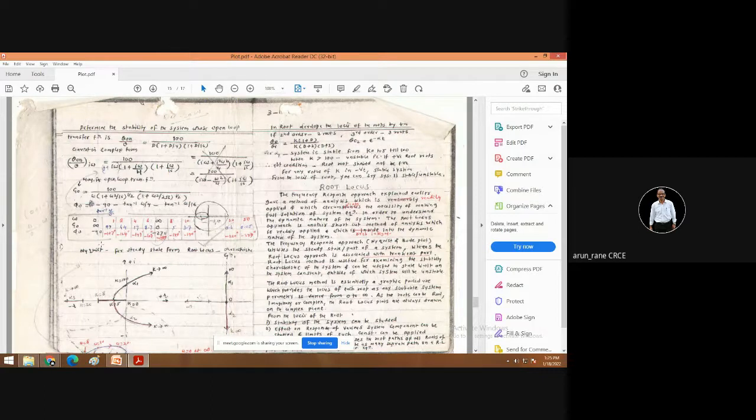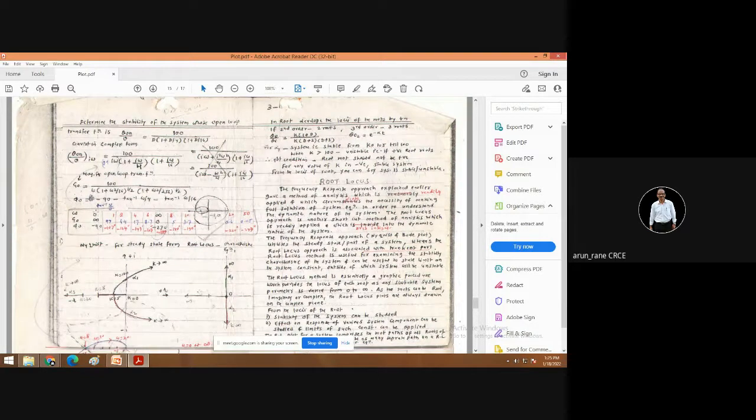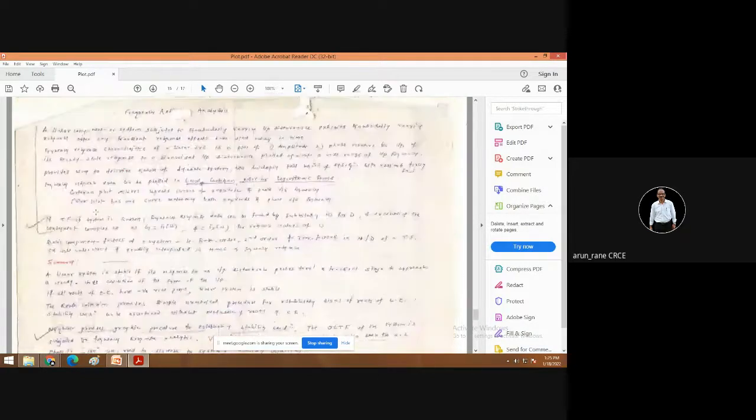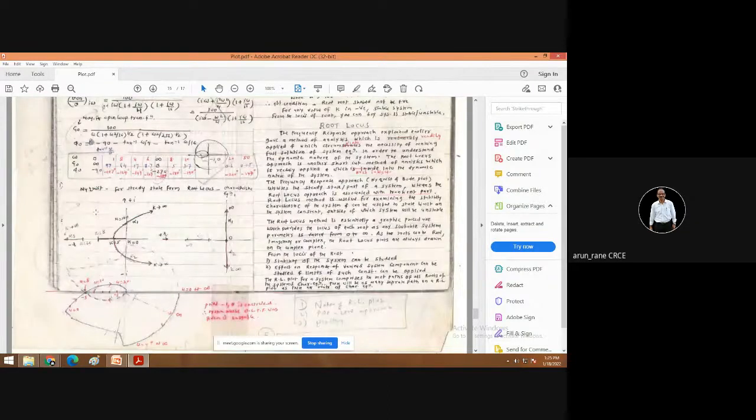That is, we are drawing G as well as phi for various values of omega. So here you need to locate that point minus 1 comma 0 properly, and for that this is the example which you can practice.